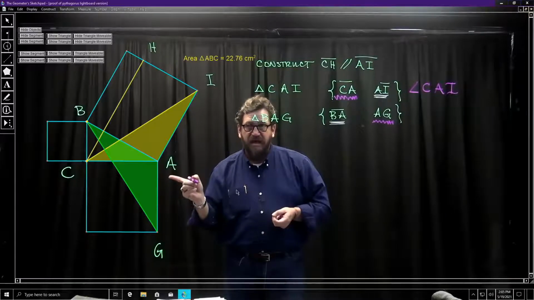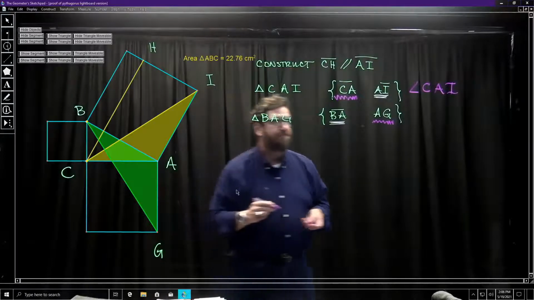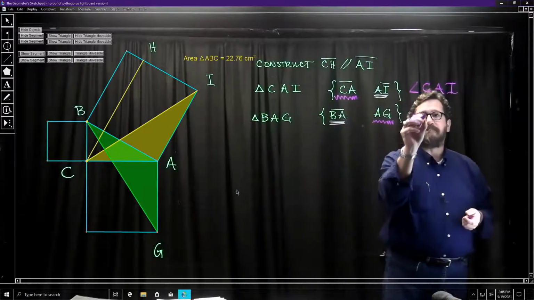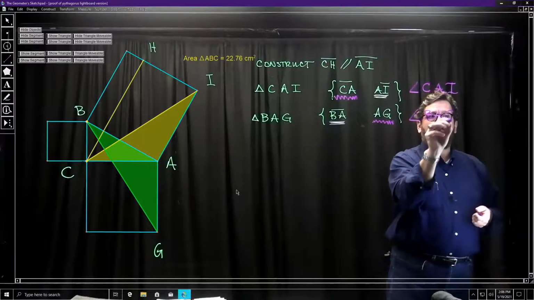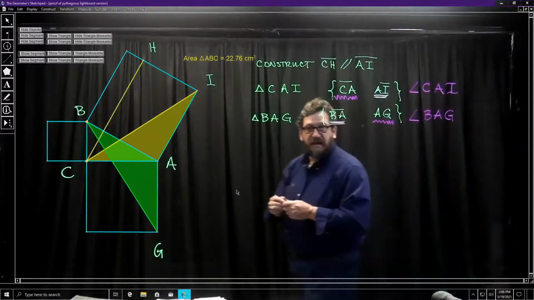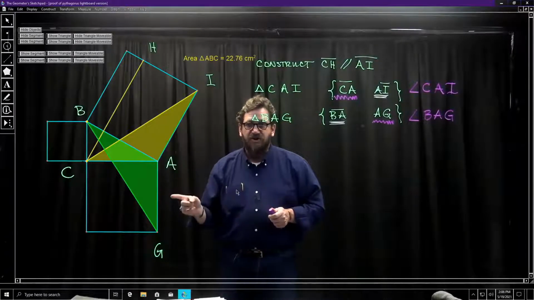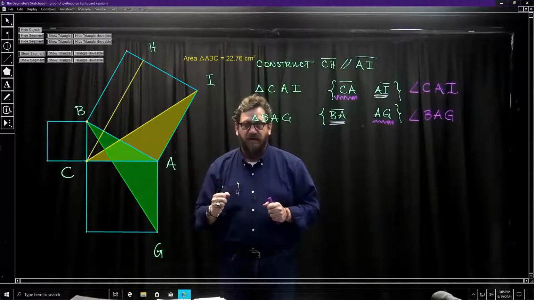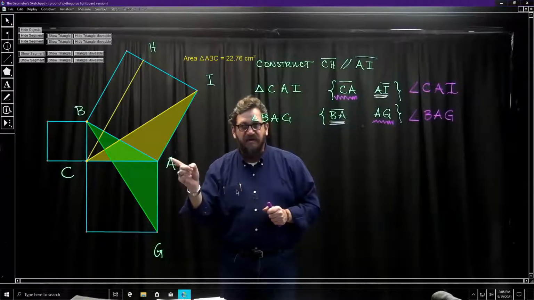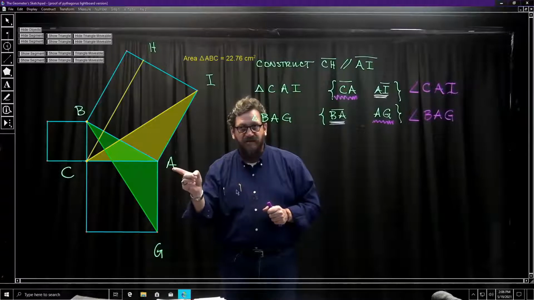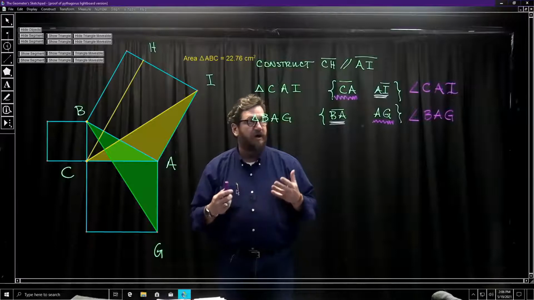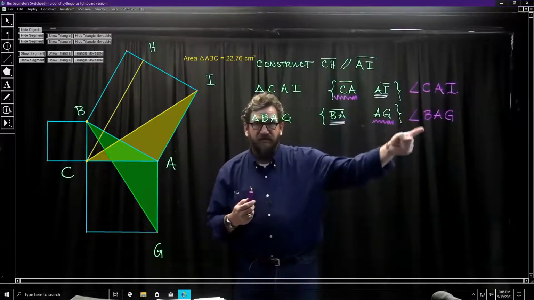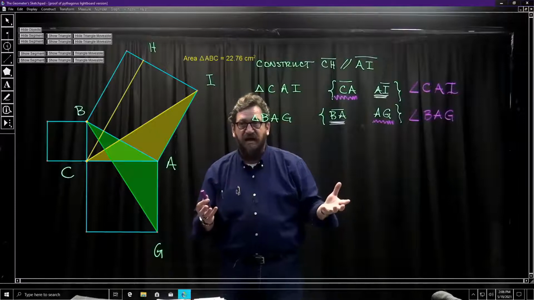Now look at the green triangle for a moment. It has angle BAG. Now let's talk about angle BAG for a moment. BAG is an angle, and it's also a composite made up of two smaller angles. Again, it's the angle in the right triangle at vertex A and a right angle. So it wouldn't take much for us to argue that these two angles must be the same size.